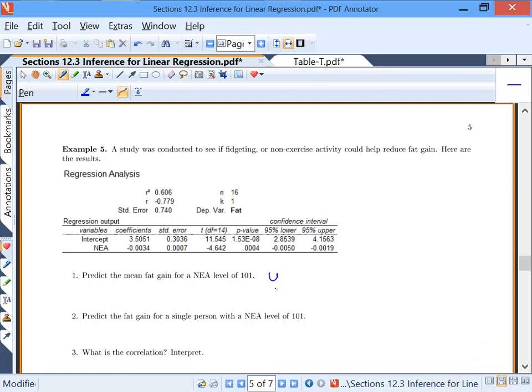Let's see, let's write down our equation of our line first. So y hat is negative 0.0034x plus 3.5051. Okay, and if we want to predict it, so the mean fat gain for everyone that has an NEA level of 101, I would just have to plug 101 into my equation.